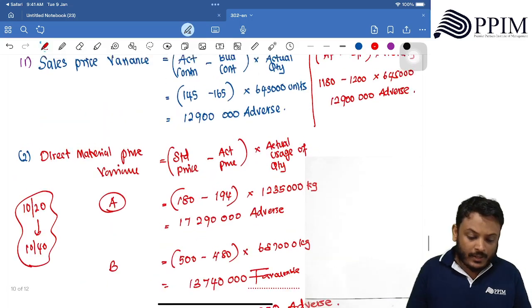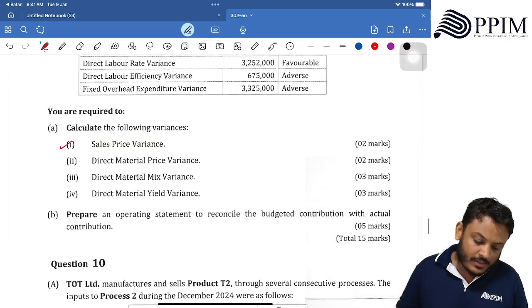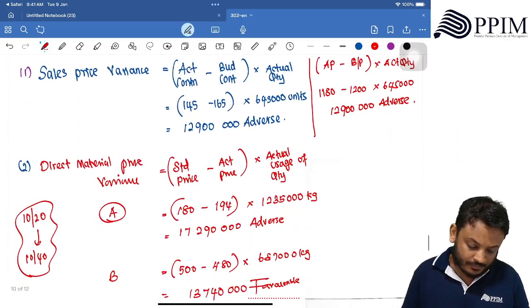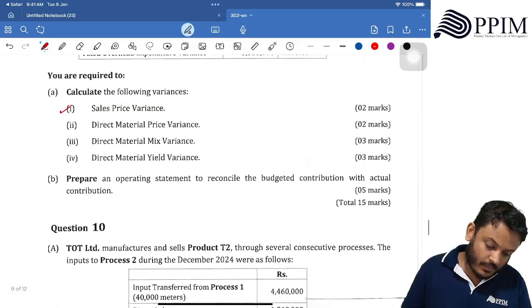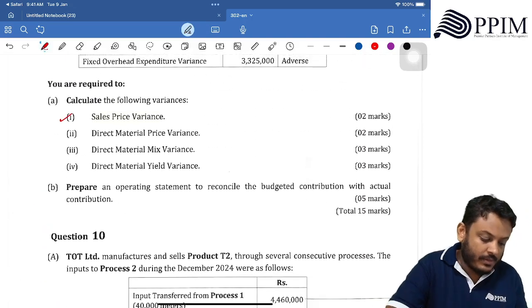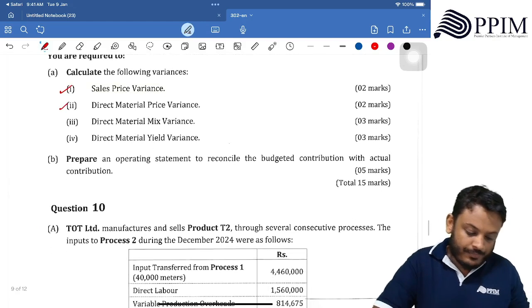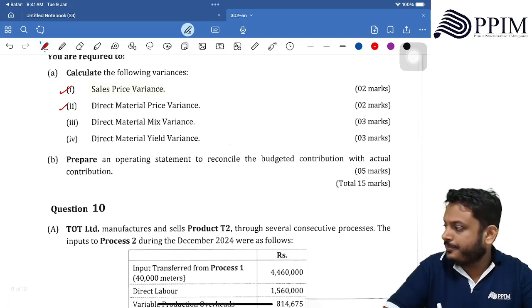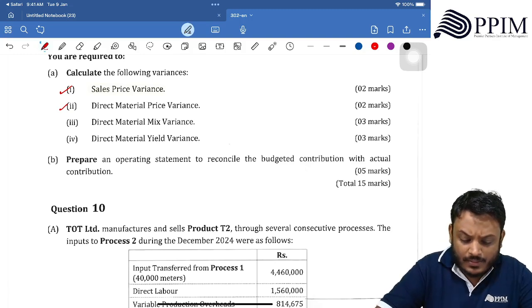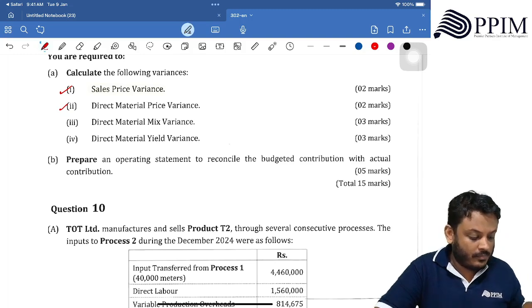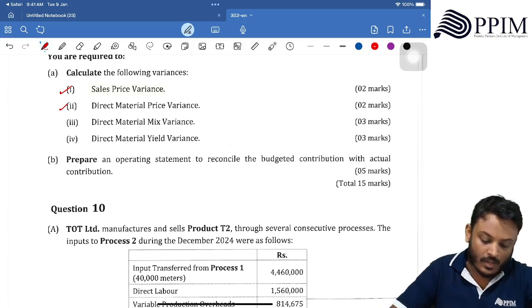Take part 3. They ask direct material mix variance. Direct mix and yield variance, advanced variances. Right.